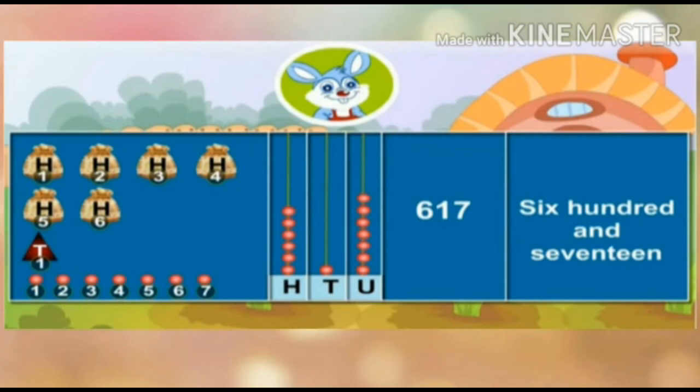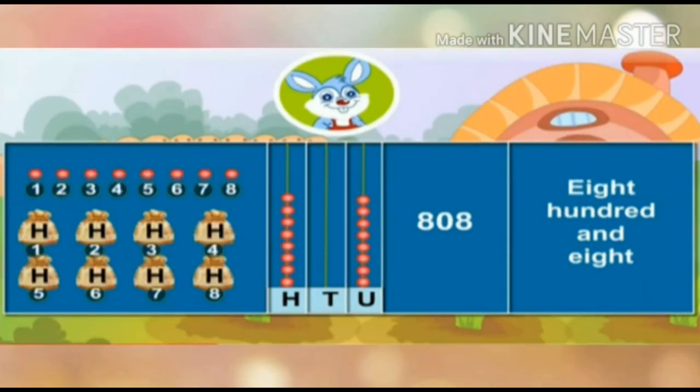So at the wire of 100 we have 6 beads, at the tens wire 1 bead, and at the units wire 7 beads, which means it is 6 hundreds, 1 ten and 7 units. So in figures it is 617, while in words it is six hundred seventeen. Now let us see the next picture.